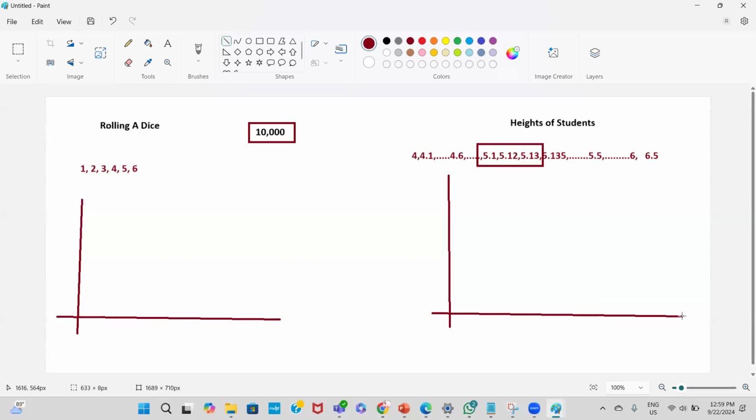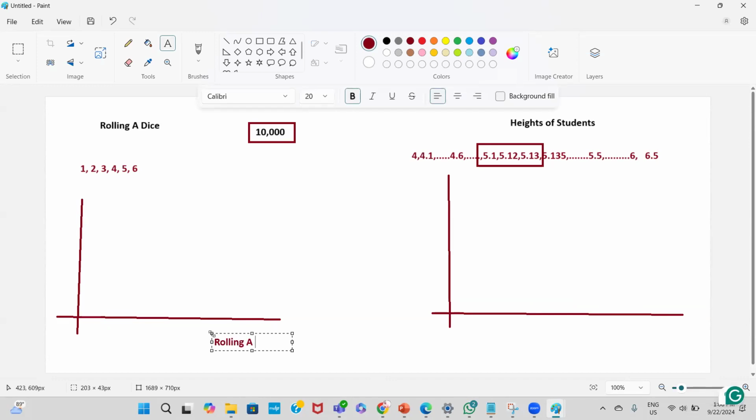One axis is rolling a dice and the outcome, the other is the student and their heights. This is an experiment of rolling a dice, and the number of times each outcome happened. This is a cumulative total.